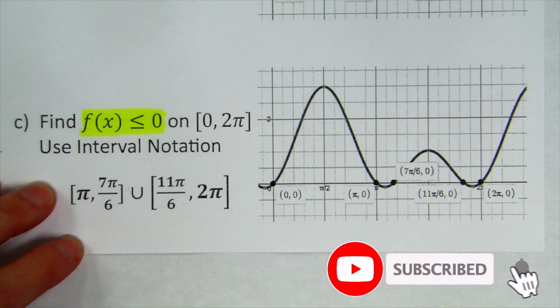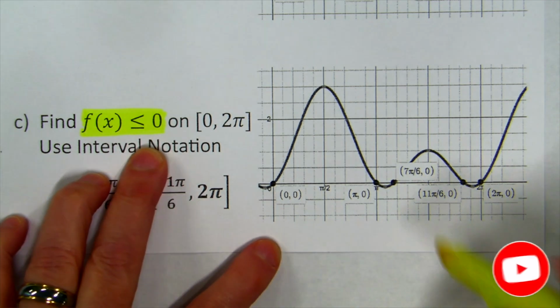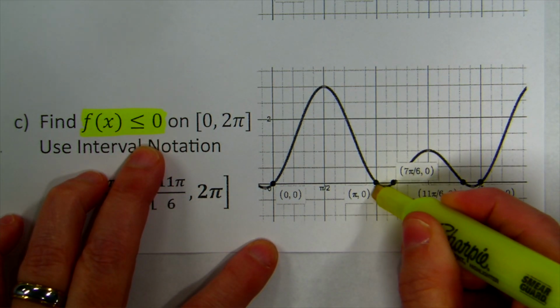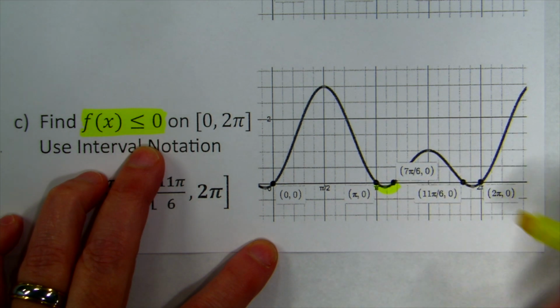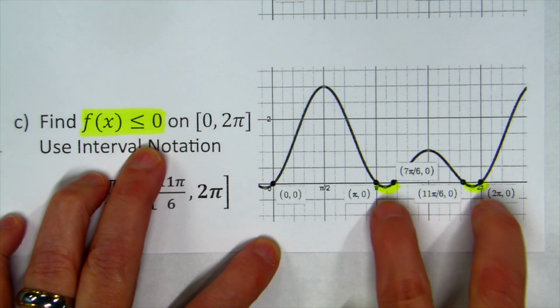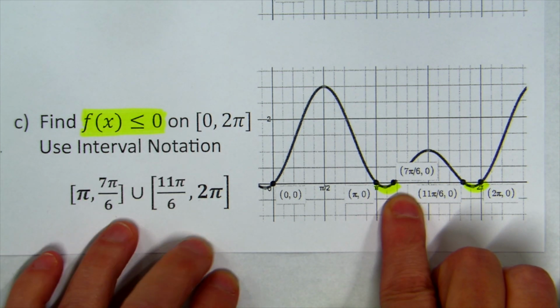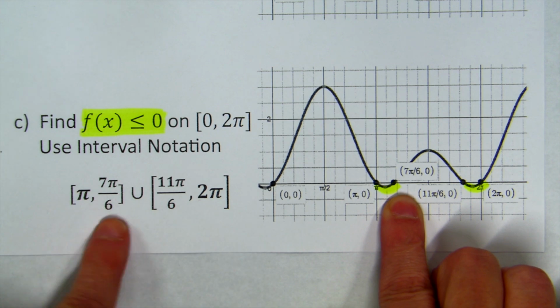Again, I'm going to use interval notation. This time, where is the function below 0, or below the x-axis? So it's below the x-axis right there, and it's below the x-axis right there. So two very small sections. But from x equals pi to x equals 7 pi over 6, that's your first interval.